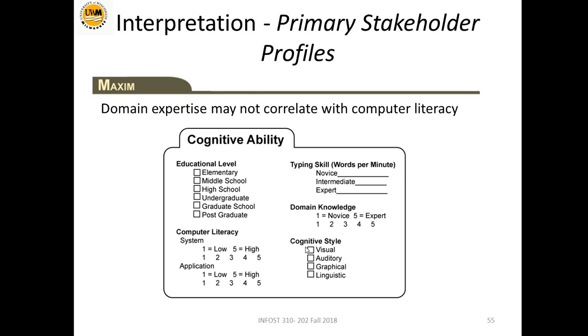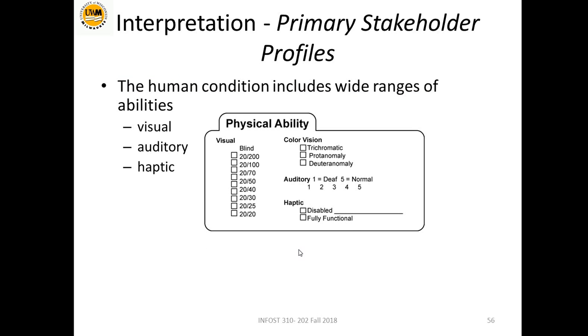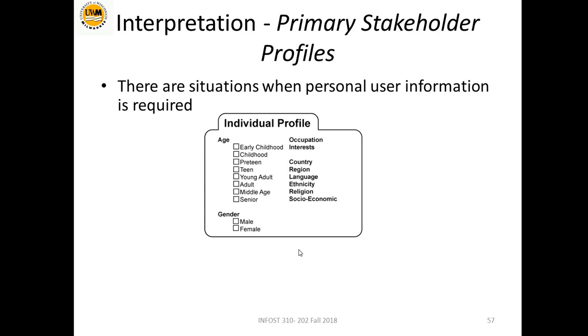Is it visual, auditory, graphical, linguistic, etc.? Also, we need to get information about physical abilities: what the visual abilities should be, auditory abilities, and haptic abilities. For the individual profiles, we also need to know the ages, the occupations, and genders. This might help in building a primary stakeholder profile.